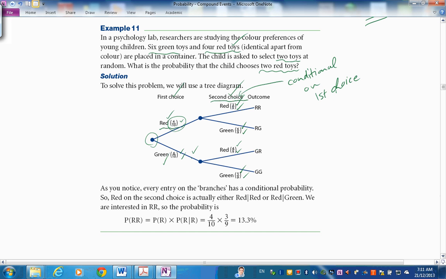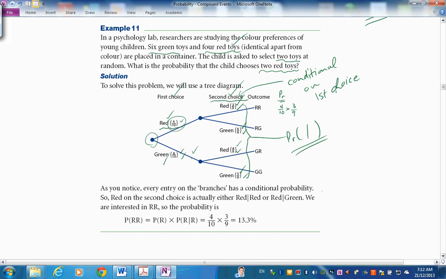Okay, so let's work out the probabilities of each of these outcomes down here. A red, given that a red has been chosen, that's a red, times the probability of a red given that the first was a red. So all of these are the probability of something given something else has occurred.